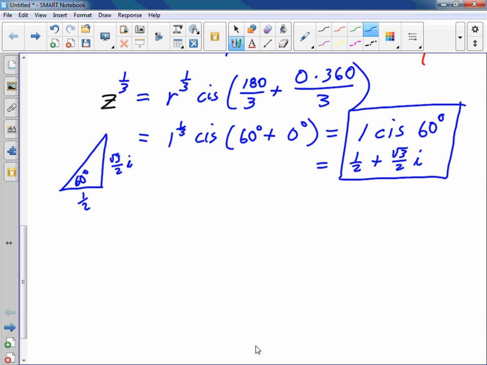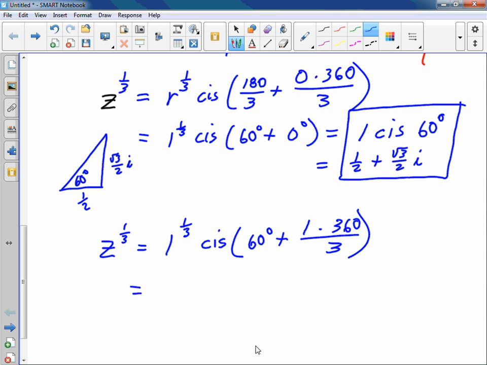We can take this same thing and say another root of z to the 1/3 equals, again, 1 to the 1/3 cis 60 plus 1 times 360 over 3.